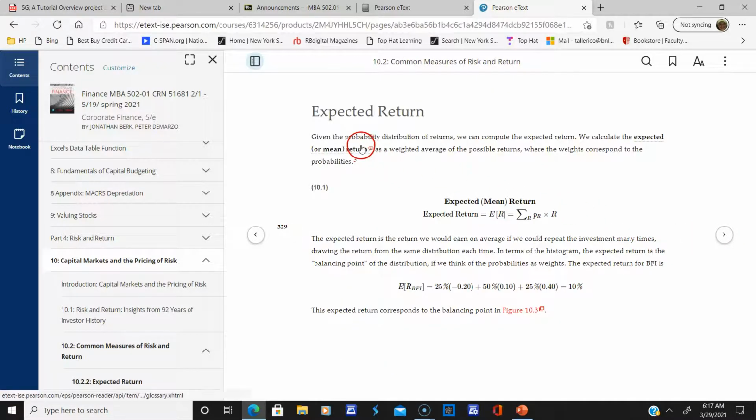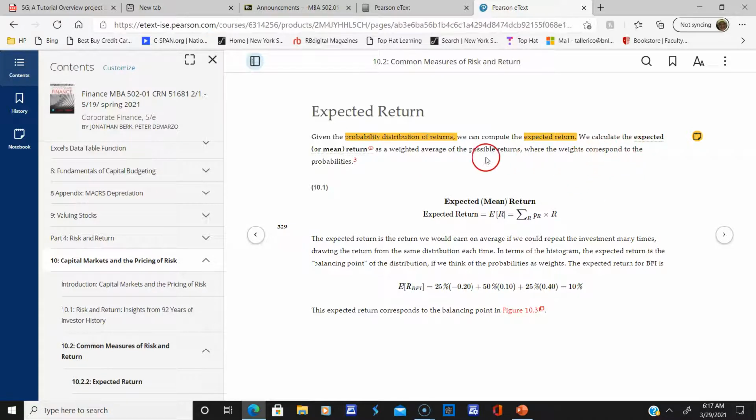All right, so the expected return: once we have these probability distributions of returns, we can compute what's known as the expected return, right? And the expected return is a function of the probability of each thing happening. And we're going to find that there's another equation for, I guess, expected return later, or average return.